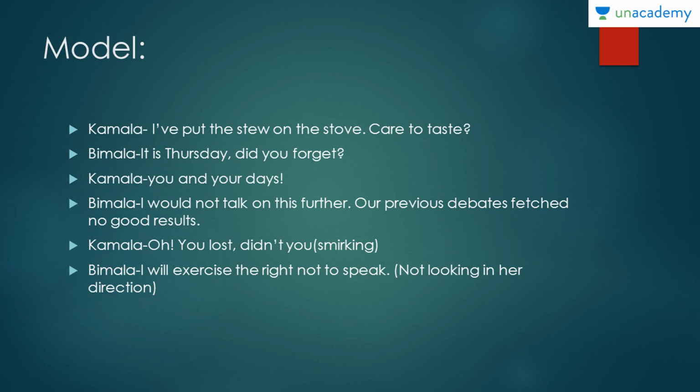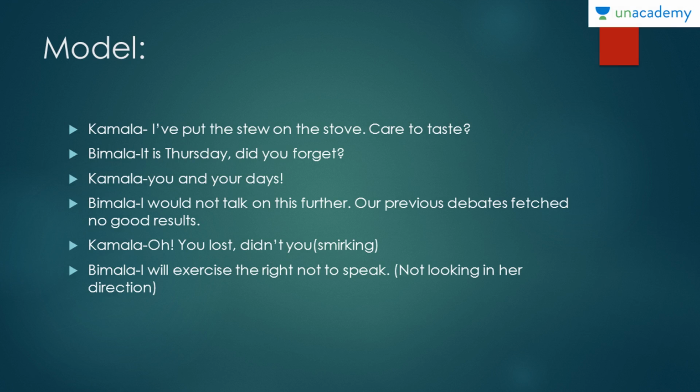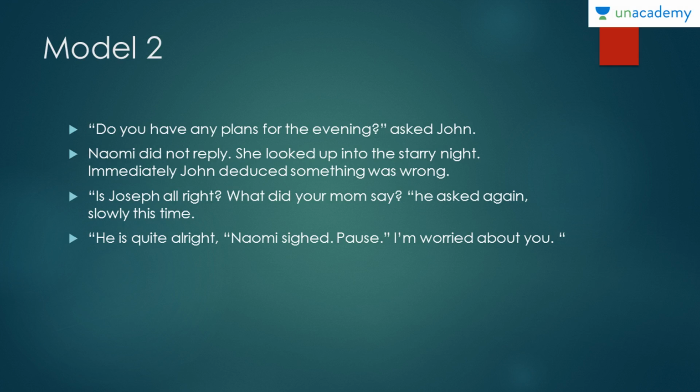These are the two examples that I have written to acquaint you with how a dialogue is written. I urge you to be very attentive and read the first example, the dialogue between Bimala and Kamala, and the second example between John and Naomi.